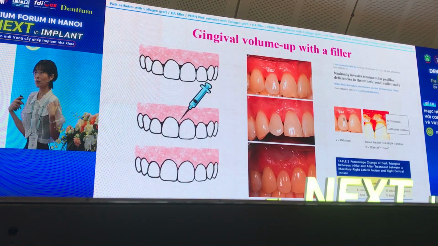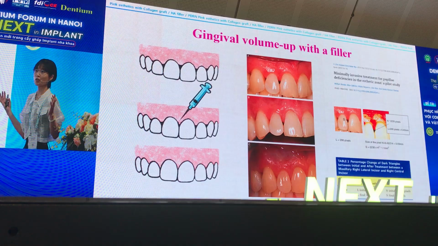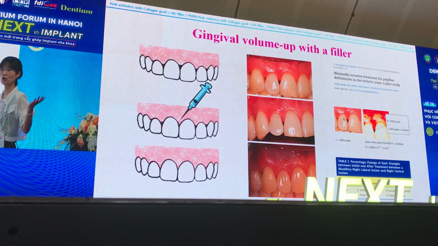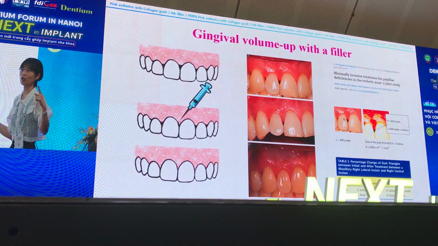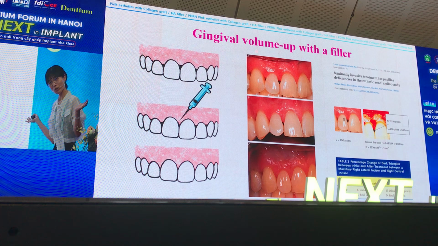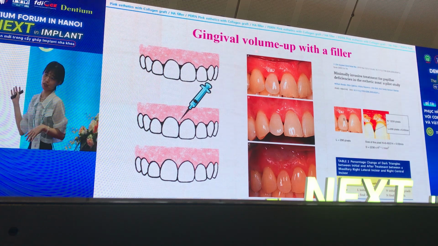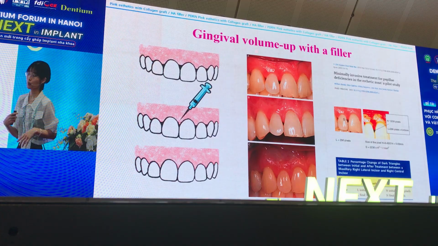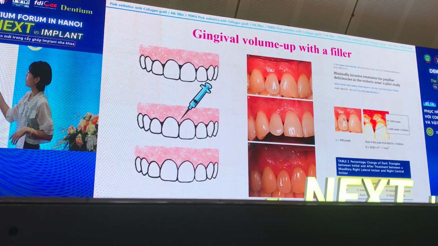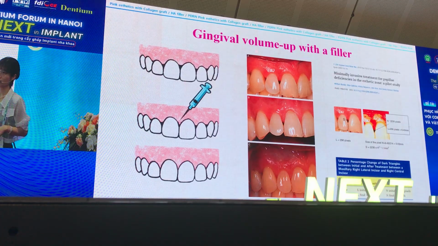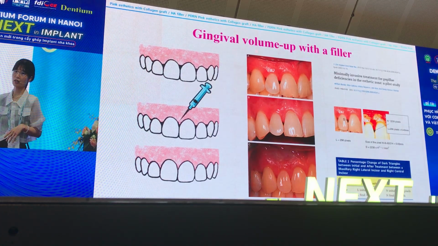At first I thought, oh, this is my first clinical outcome, and I'm the initiator. But it was not. Many dentists were already using this method to make gingival volume-up with fillers. And they told us that we have to do a step-by-step procedure, not just one shot, right?